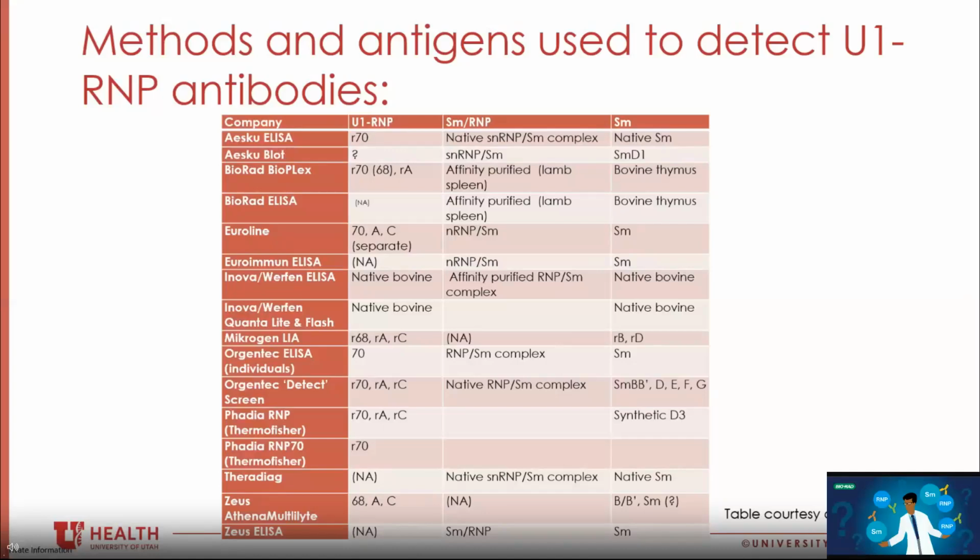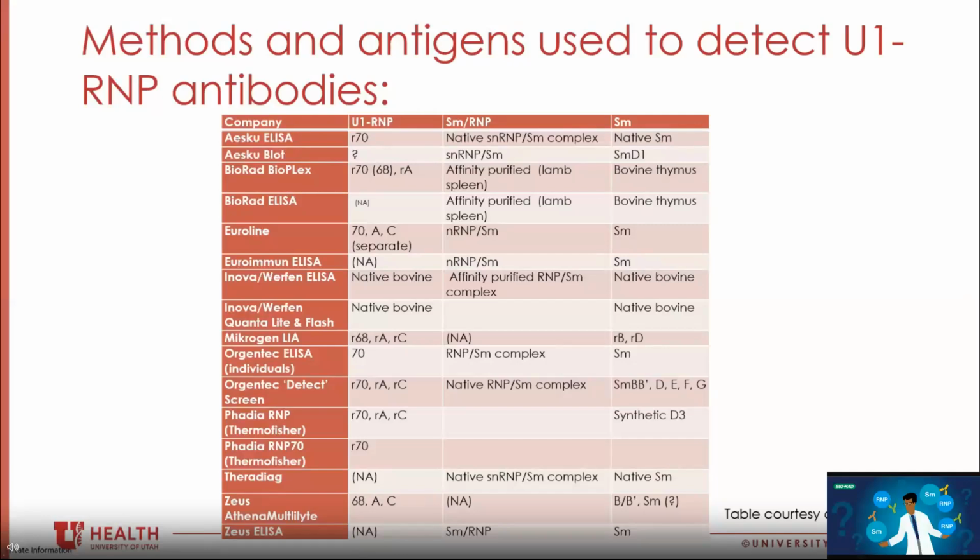If testing is performed using an assay that contains the Smith or Sm/RNP antigen, testing for Smith antibodies is recommended to clarify whether the reactivity is specific for U1 RNP or is actually against the Smith antigen. Patients with systemic lupus erythematosus frequently have antibodies to both RNP and Smith, while patients with mixed connective tissue disease have antibodies to RNP in the absence of antibodies to Smith.